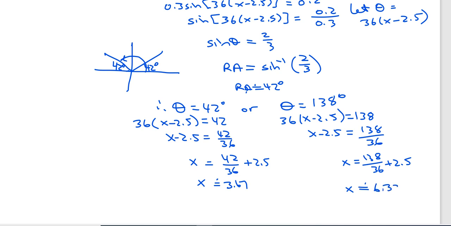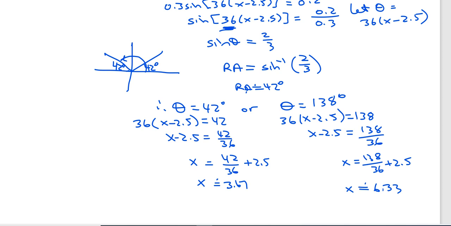Okay, so there's my two values of x. But my next thing is that I have to consider what my k is. My k is 36, right? There's my k. So when I'm getting these two answers, I'm only getting them in the first cycle. So we have to think about what the question is asking.